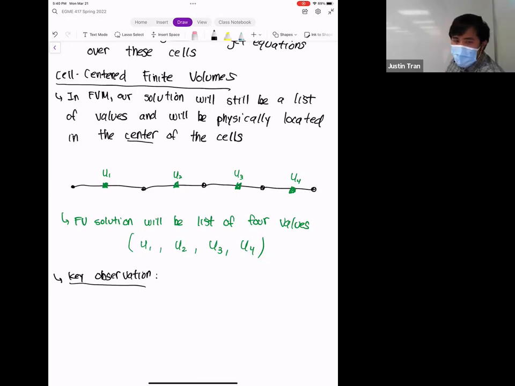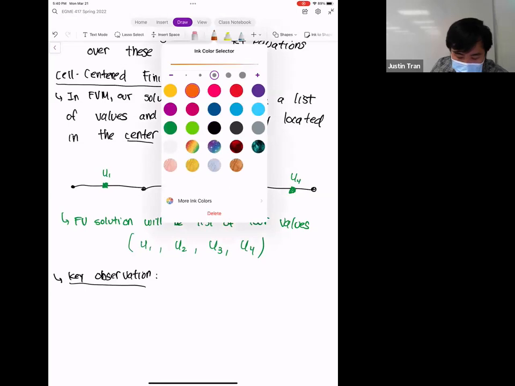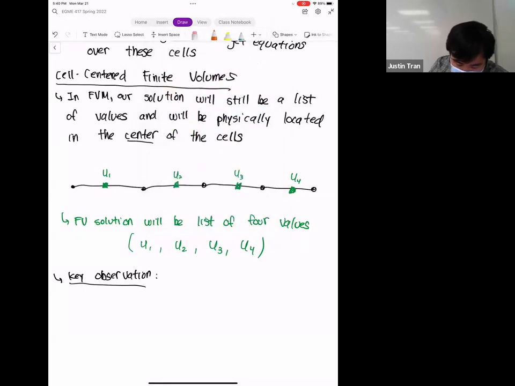The key observation is that the solution values that we're solving for no longer straddle the boundary. Normally, going back a little bit, we would solve for U1 here, U2 here, U3, U4, U5.